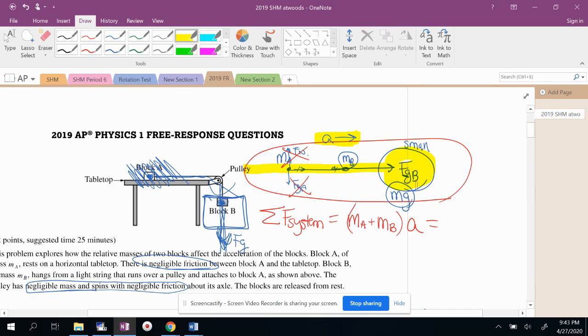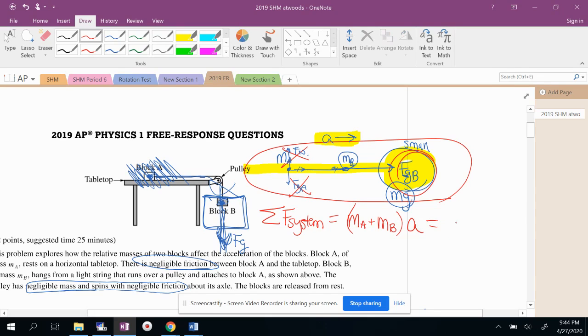This thing right here, okay? And the tension forces would also be there. However, they cancel out, so we don't need them. FGB. And we don't write this anymore, so instead of writing FGB, it's okay what we've done so far, but they want me to derive an expression using all the variables they gave me.